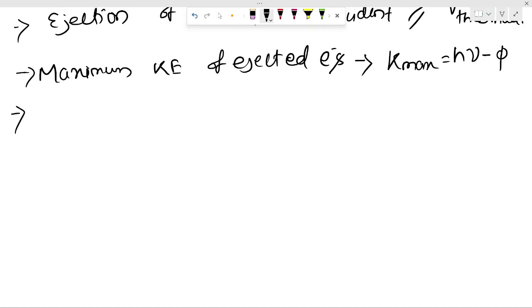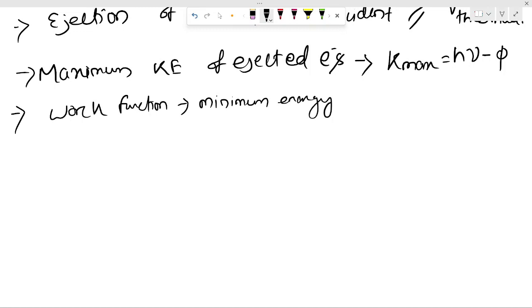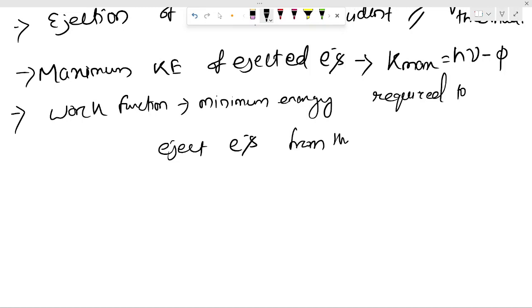Work function is nothing but the minimum energy required to eject electrons from the metal surface.